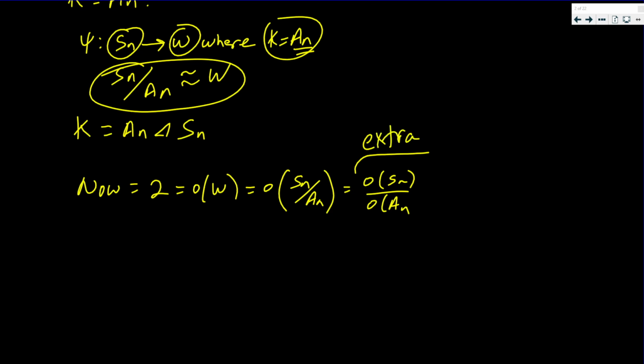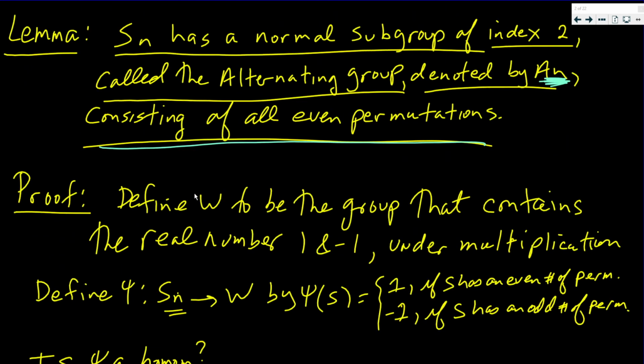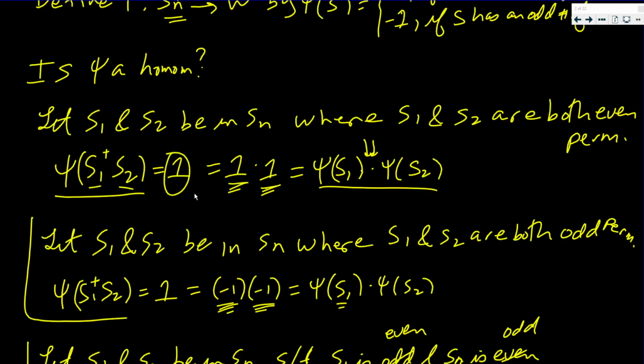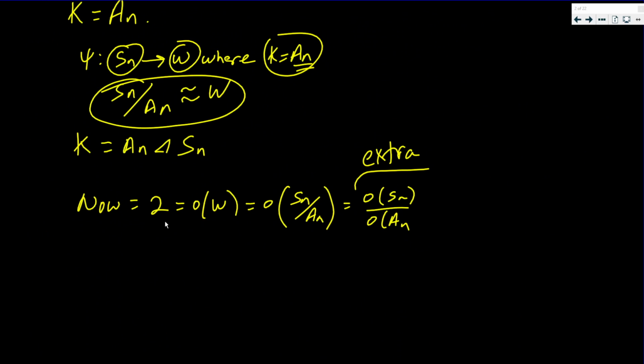So what I wanted to show was that S sub n has a normal subgroup of index 2, and I showed that this subgroup is of index 2.